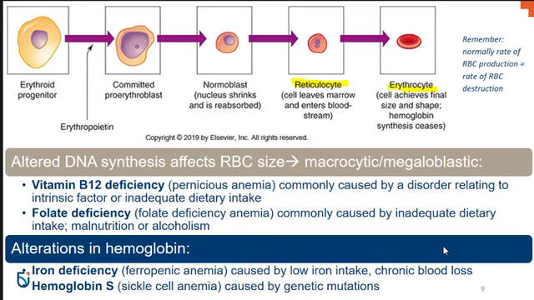And because diets are very poor nowadays, you're more likely to be deficient in this type of vitamin. Malnutrition as well. Those that are malnourished in certain areas of the world that don't have access to fresh leafy green vegetables, among other nutrient-dense foods, may be deficient in folate.